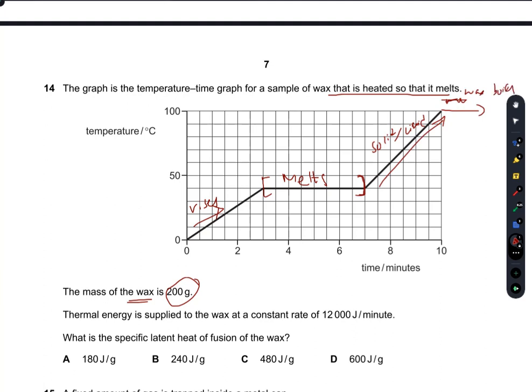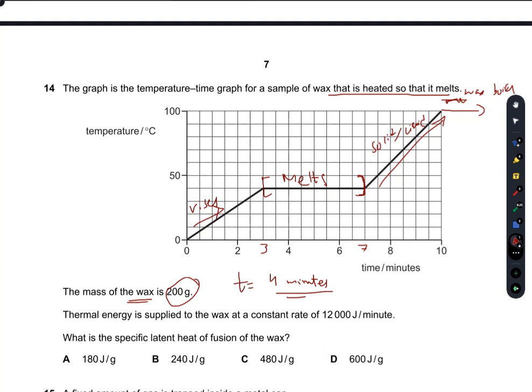So during this 3 to 7 minutes the wax starts to melt, and after 7 it exists in solid and liquid state. So there are a total of 4 minutes during which the wax starts to melt.